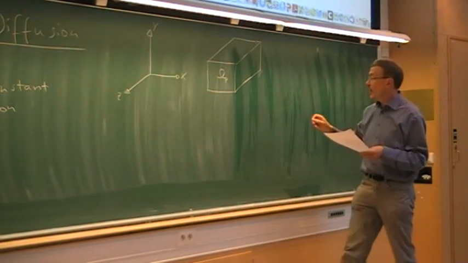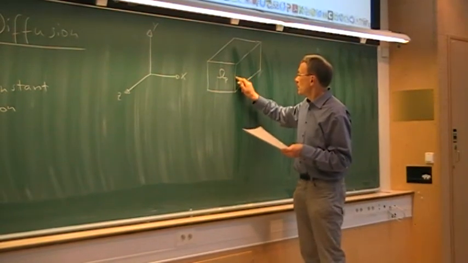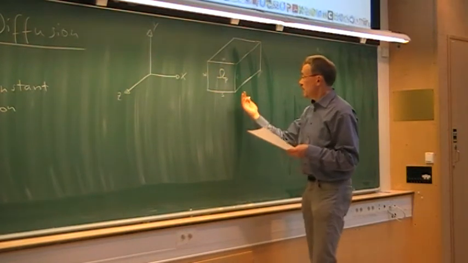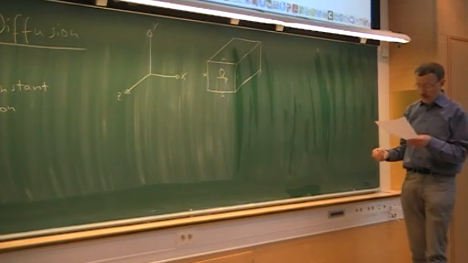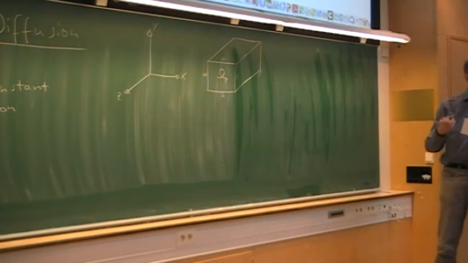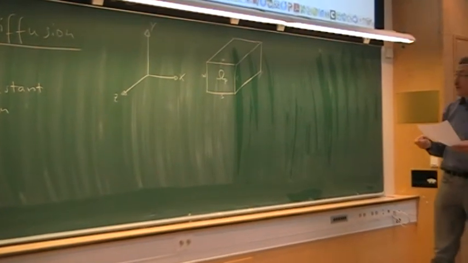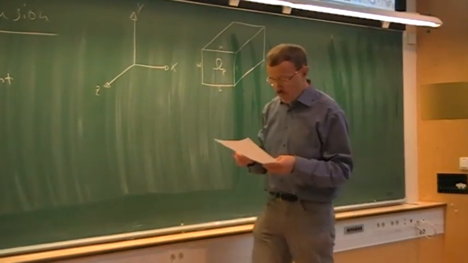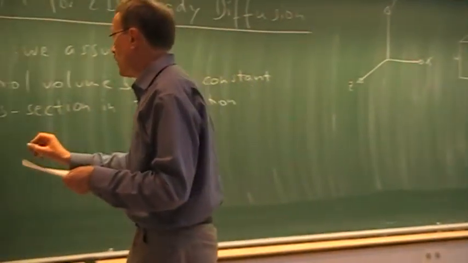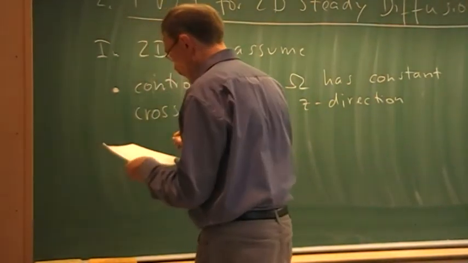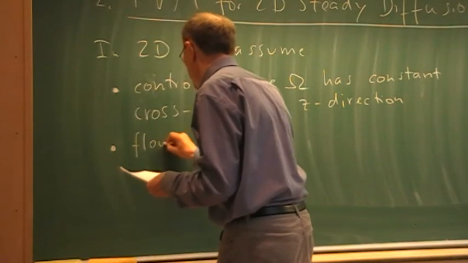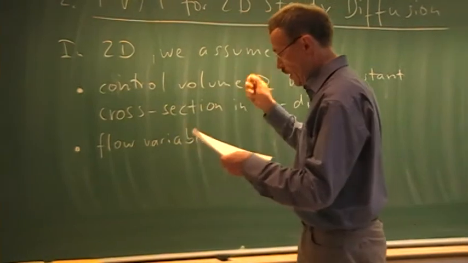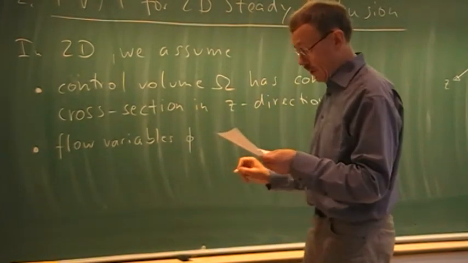And then we have the eastern, the western faces, the northern, and the southern faces that is below here, and they are denoted by lower case letters. So that is our control volume, and we assume also that the flow variables or the thermal variables that we consider, I call them here flow variables, but it can also be temperature, whatever you like.